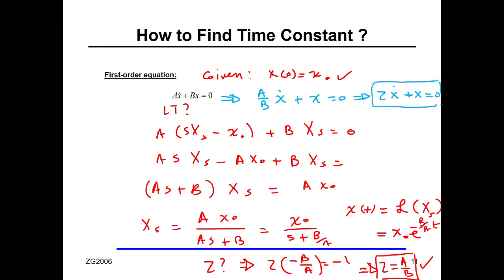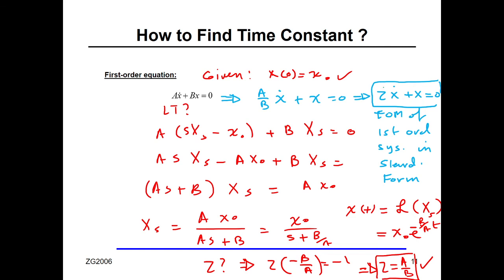What is this? This is the equation of motion of a first order system in standard form. Why do we like to write the equation of motion for a first order system in standard form?